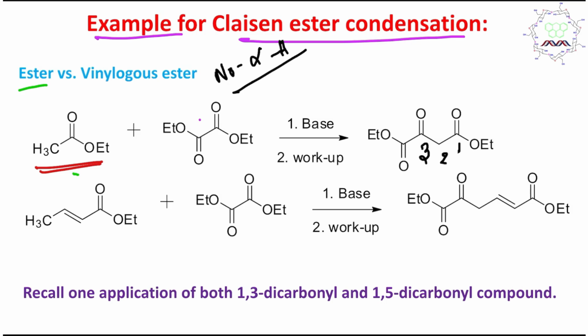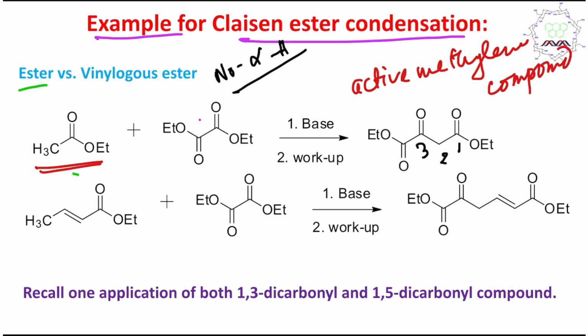This is the product, and by the way, it also has a name. This 1,3-dicarbonyl compound is also named an active methylene compound. In chemistry, I guess you have heard this word many times. What is an active methylene compound? Such 1,3-dicarbonyl compounds are called active methylene compounds, and they have a unique property because these two protons are significantly acidic.